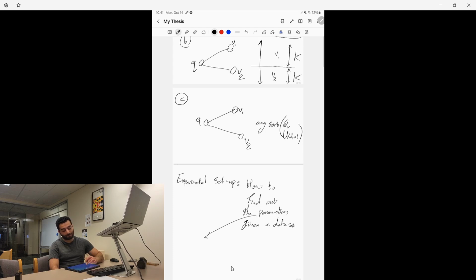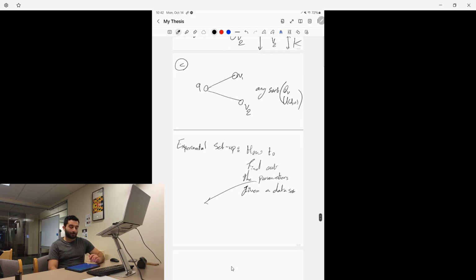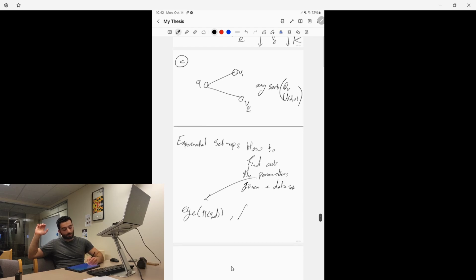Parameters, by parameters we mean like eyeballing cost of pi qd. I want to know articulation cost, u of d and v, and what is it?